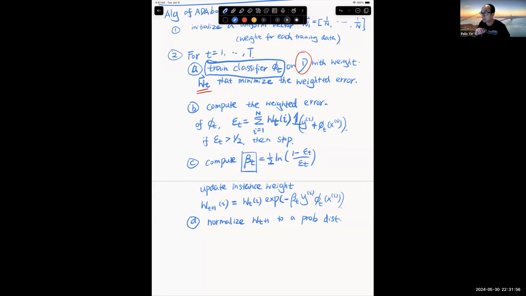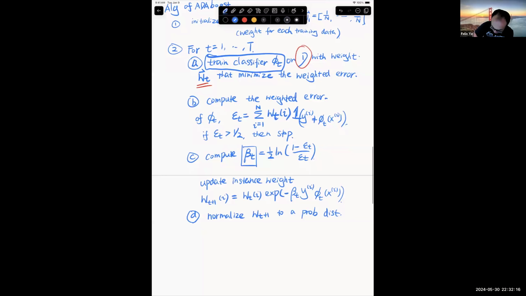That means if I sum them together as a vector, the summation should be equal to 1. This is just one loop, and we're going to do this t times.